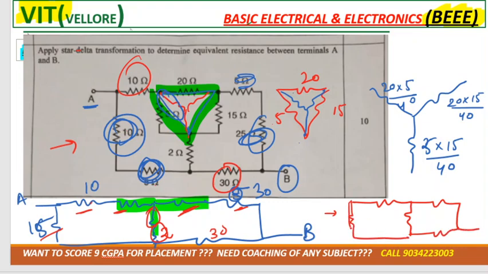Yes or no? 15 ohm I shifted here. It's in series now. Okay, now it will again form a delta, right? Again you need to convert delta into star, then you can solve it easily. Now try this question in your homework.